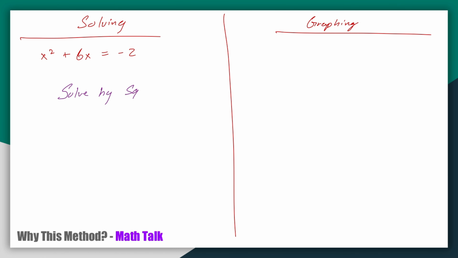Now, I think a lot of you would choose a different method than completing the square to solve by square root. I think a lot of you would opt to use quadratic formula before this, or you would try really hard to factor. It's pretty hard pressed to find a situation where this is really the better idea when it comes to solving. And this is why we didn't solve.